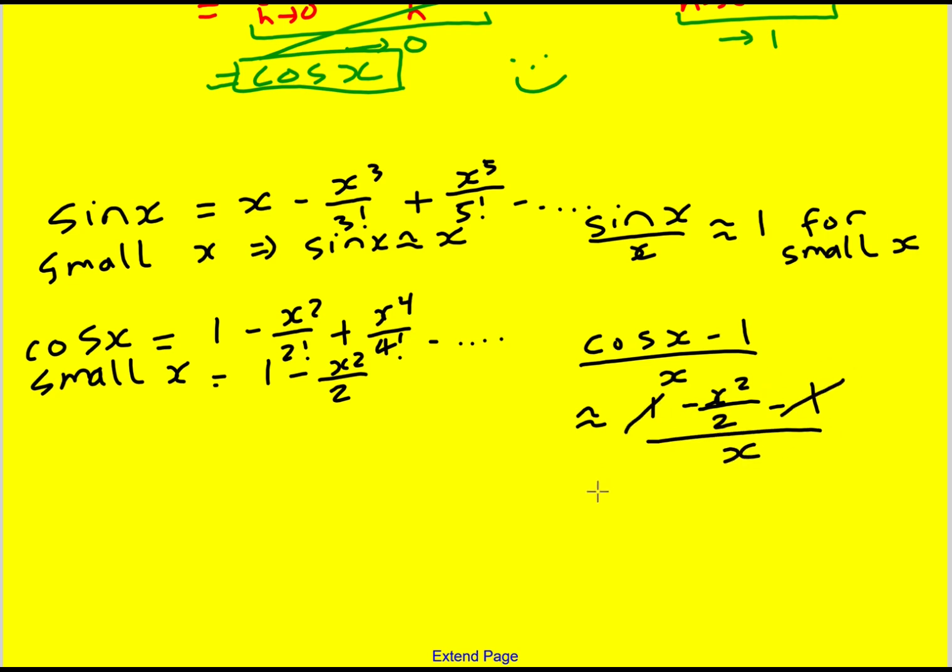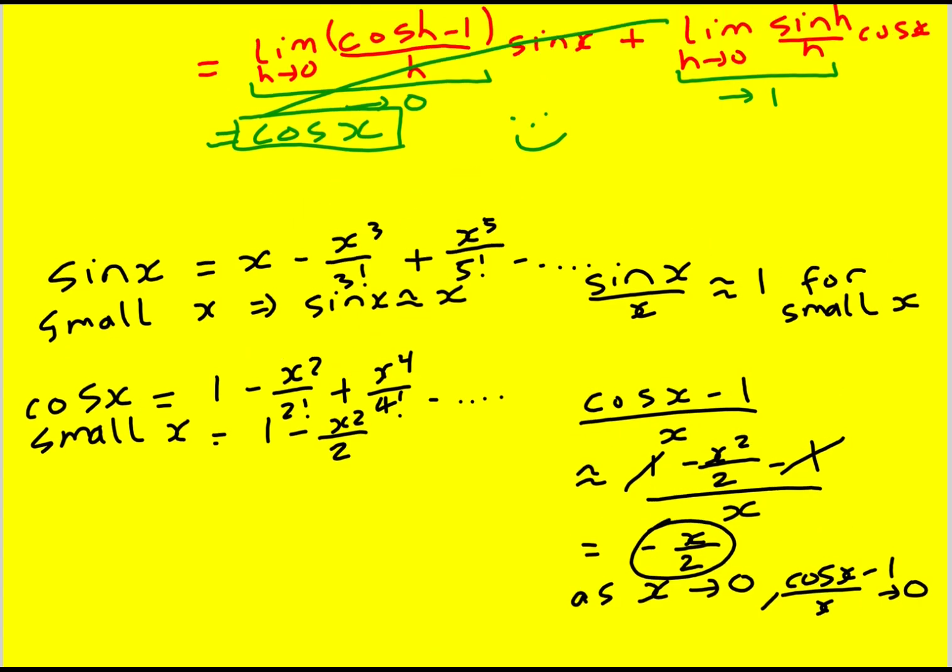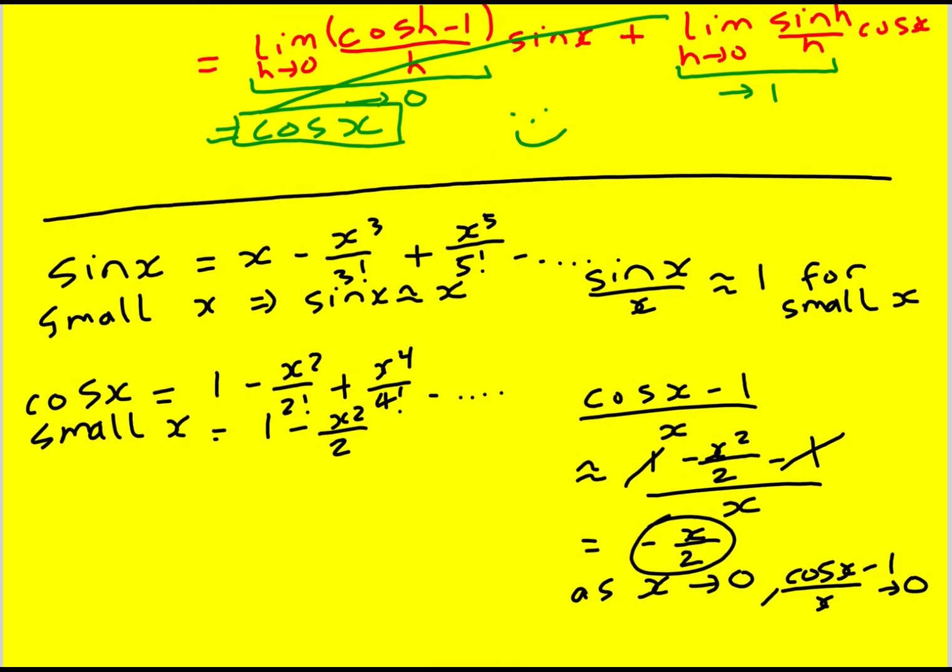These two cancel, and I'm just going to get minus x over 2. And so as x approaches 0, cos x minus 1 over x will also approach 0, because this thing is just going to get smaller and smaller as well. So that's just a little bit of background away from the question where those things came from.